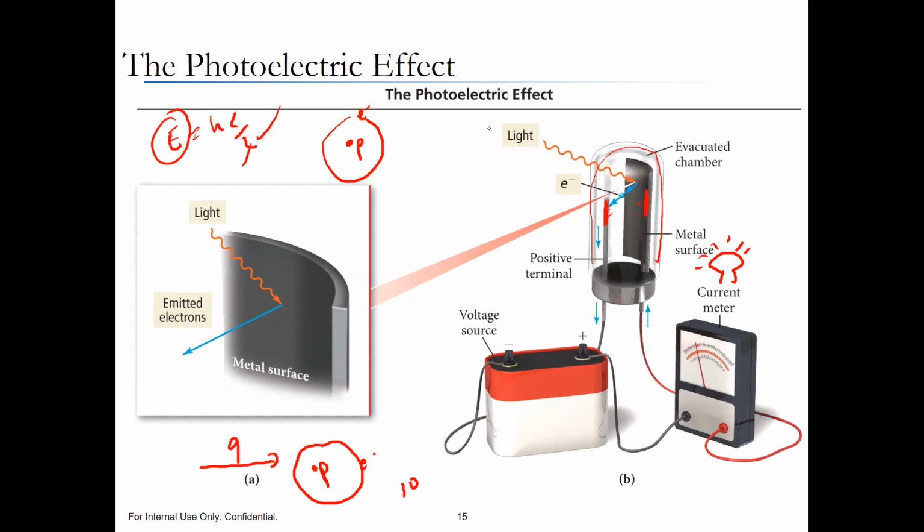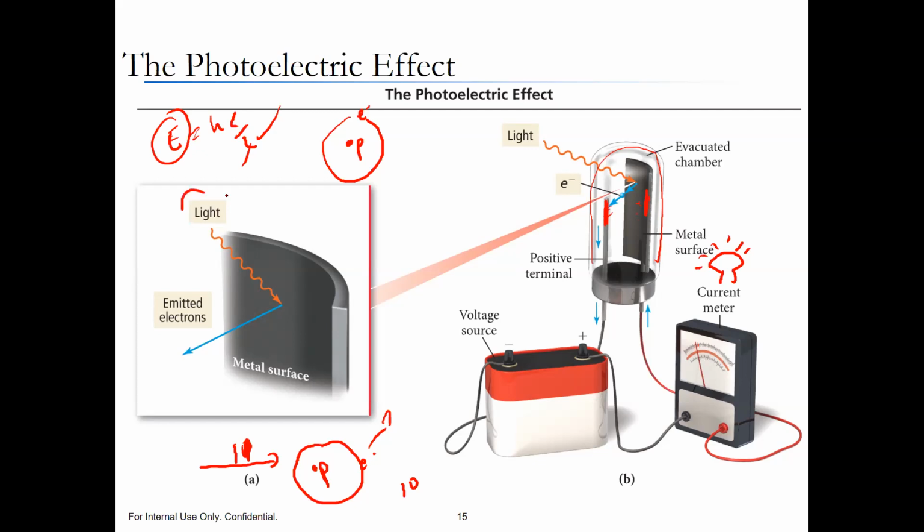What happens if I put in 10 units of energy? Can I knock this electron off? Yes. How about if I put in 11 units of energy? Can I knock that electron off? Yes, right? Because this proton electron is held down by 10 units, but if I put in 10 units or more, I can remove that electron. If I put in less than 10 units, I cannot remove that electron.